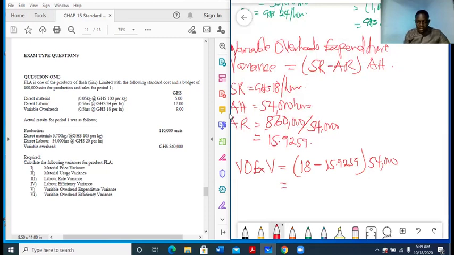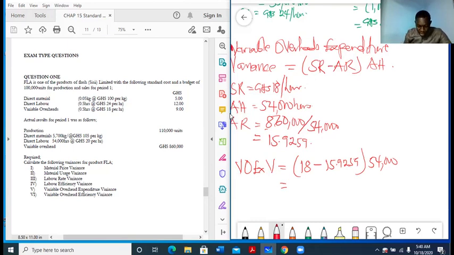So 18 minus 15.9259. Here we had planned to pay for variable overheads at a rate of 18, and we ended up paying something less. So this is favorable. We have paid less.